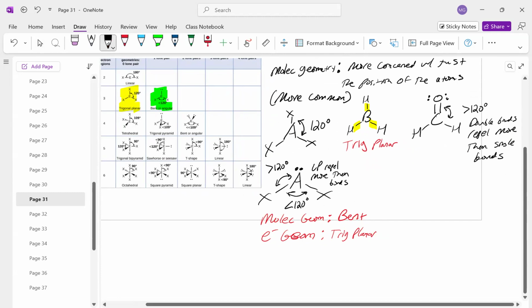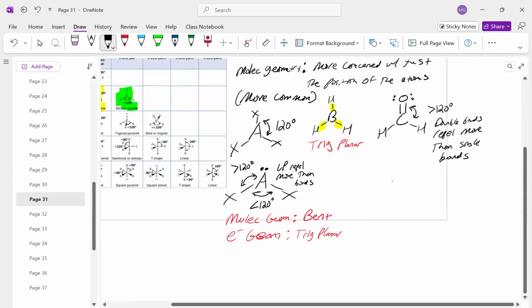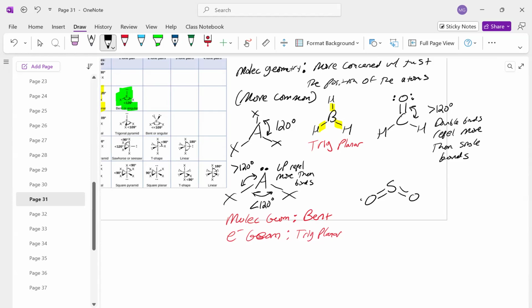Now, I showed an example of this earlier with sulfur dioxide. Here's the Lewis structure for sulfur dioxide. And hopefully you're kind of seeing why it's important to know how to draw these correctly. Because if you don't draw them correctly, then you won't have the right number of electron regions. And if you don't have the right number of electron regions, then you will be predicting the incorrect shape.